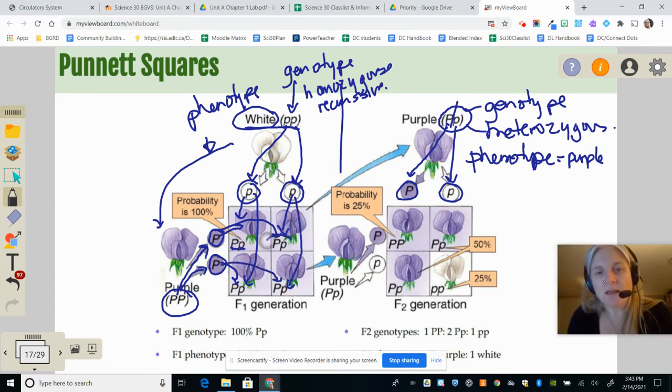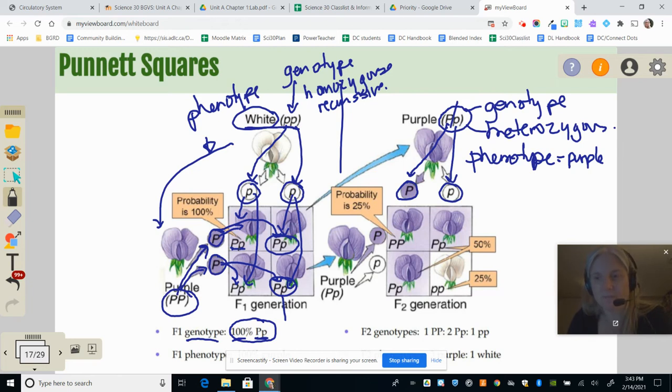They're all going to be heterozygous, 100% heterozygous. This is our genotype: 100% big P, little p, heterozygous. And if we're talking about phenotype, the phenotype is purple. They're all going to be purple.